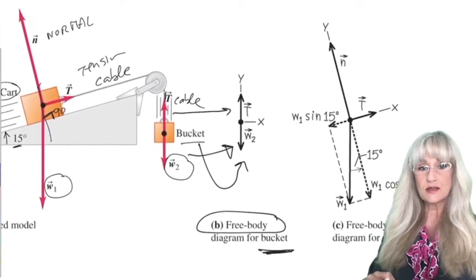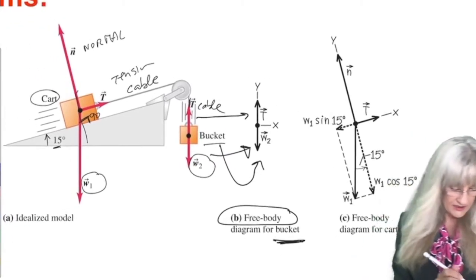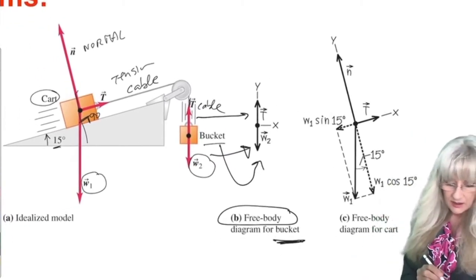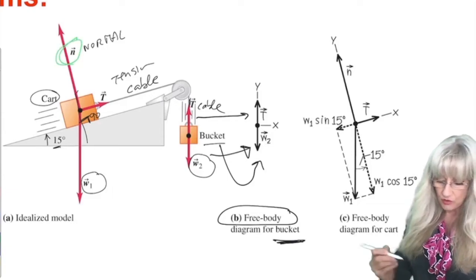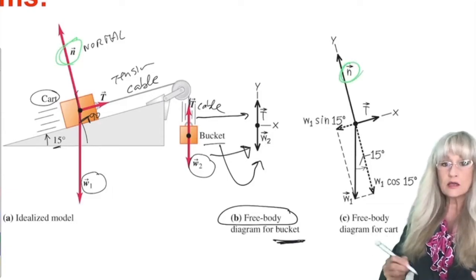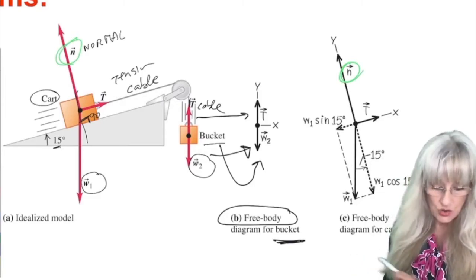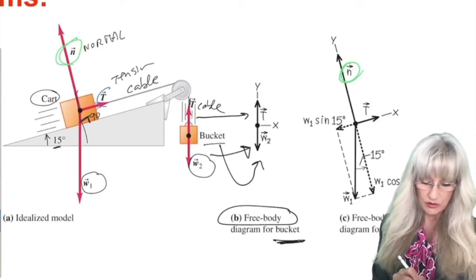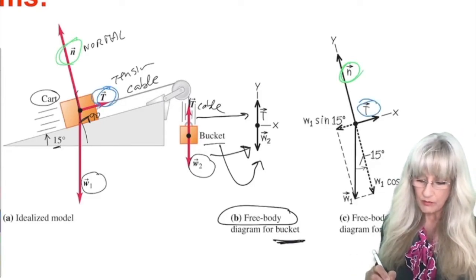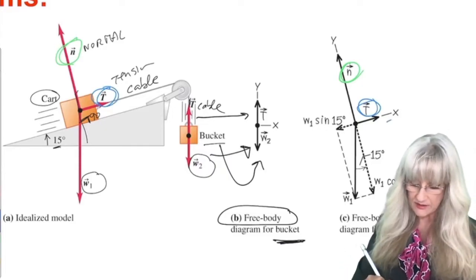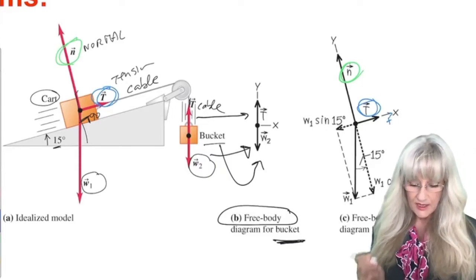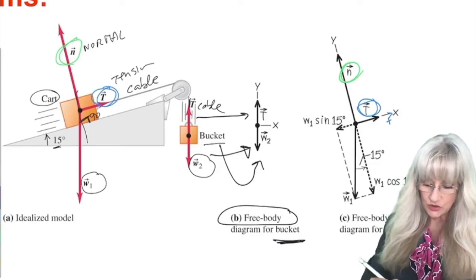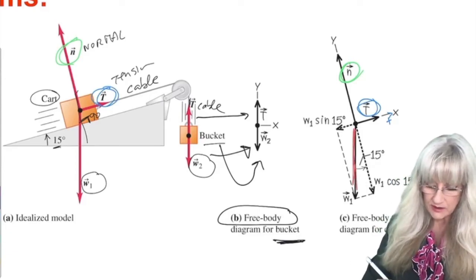Let me try to make it a little bit bigger. Let's highlight the normal force right here in green. Then you have the tension in the cable right here in blue, pointing toward the positive x-axis. Then you have, pay attention, the weight right there.